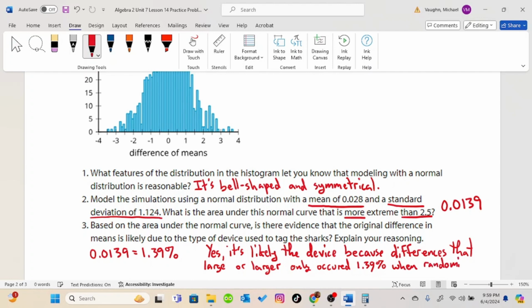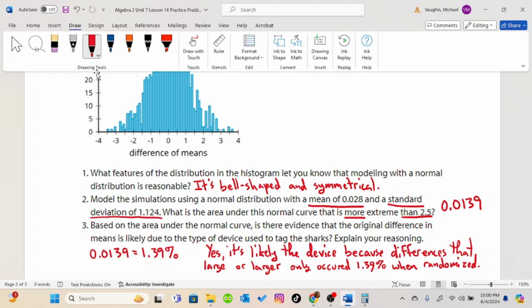Again, anything less than 5%, it is unlikely that it was random chance. In this case, 1.39% random chance means it was likely the device that caused the differences we saw.